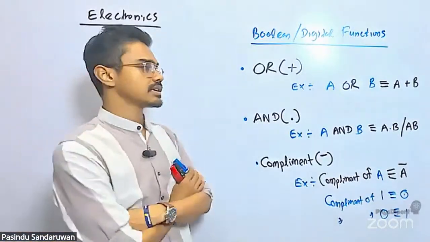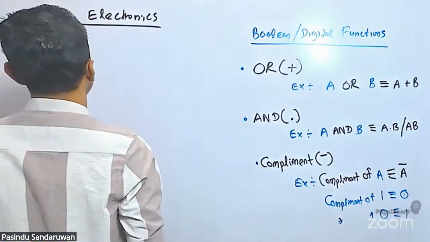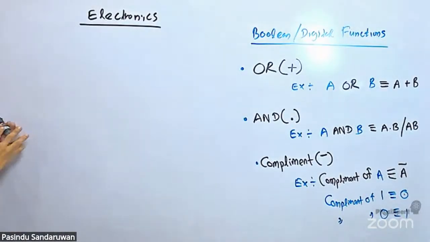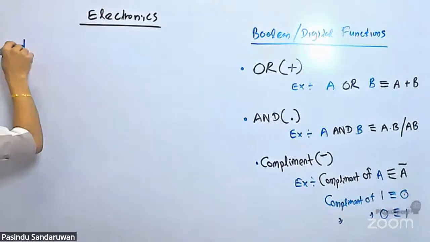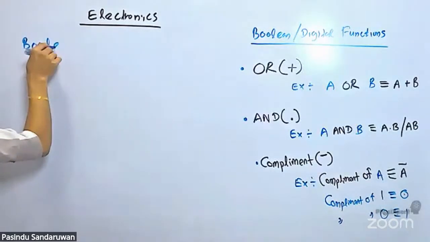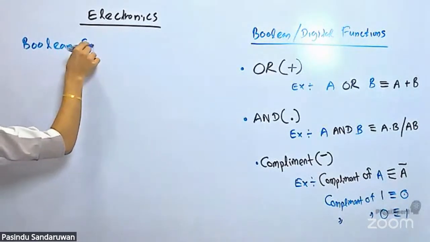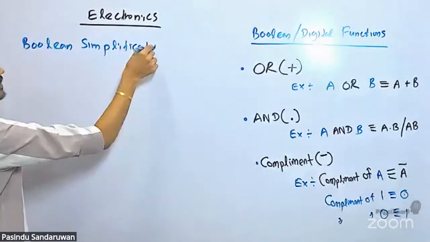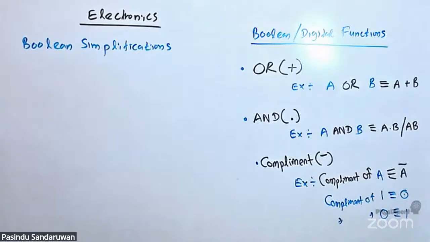Right. Listen now. Now, as the next heading, write down Boolean simplifications. Next heading, Boolean simplifications.